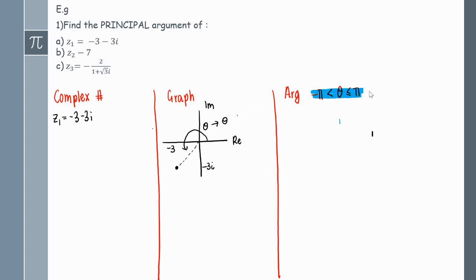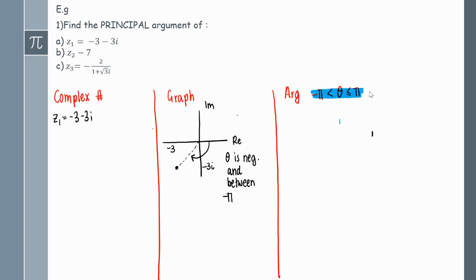So instead, I have to go the other way around from the positive real axis underneath and clockwise around until I get to that line and until I get to my complex number.